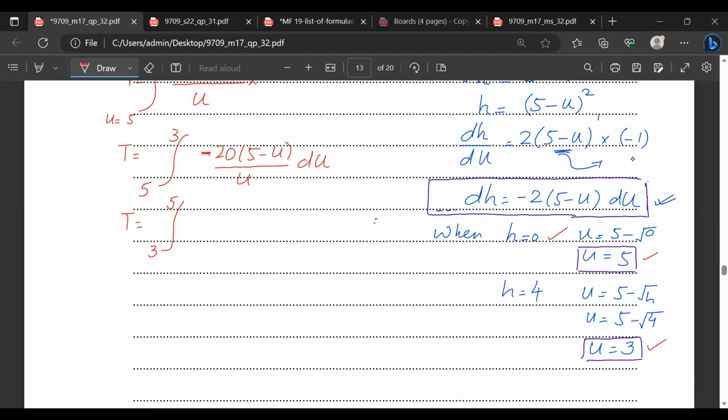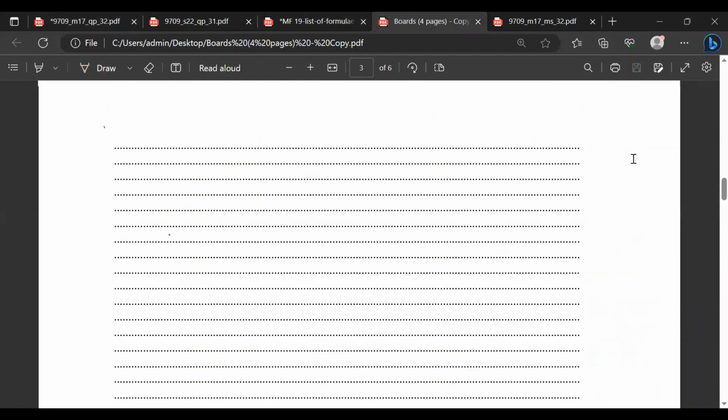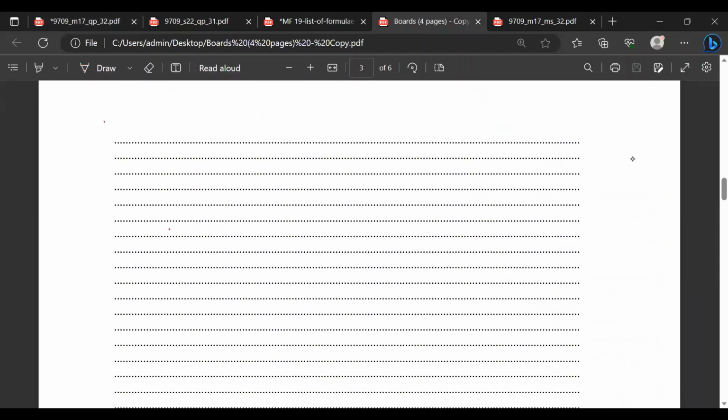So this is an important result which you can keep in your mind: if there is the integral from a to b of f(x) dx, this is the same as the integral from b to a with the sign changed. So the only difference is that we change the sign.